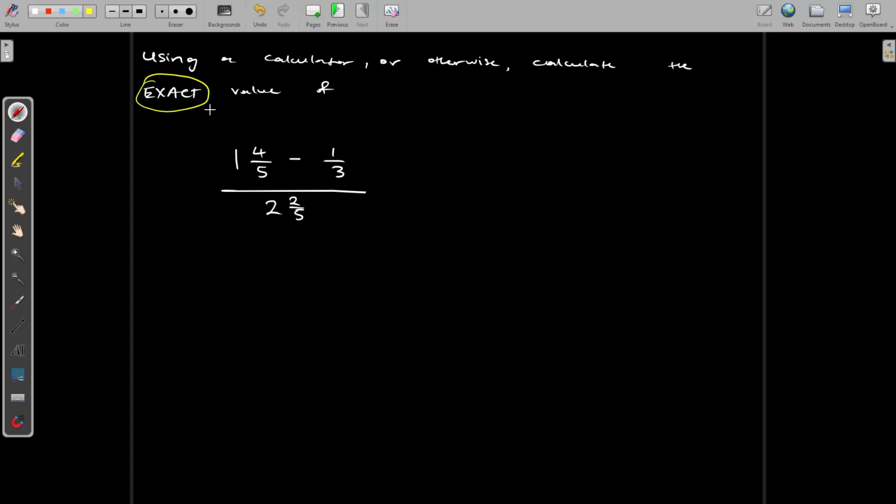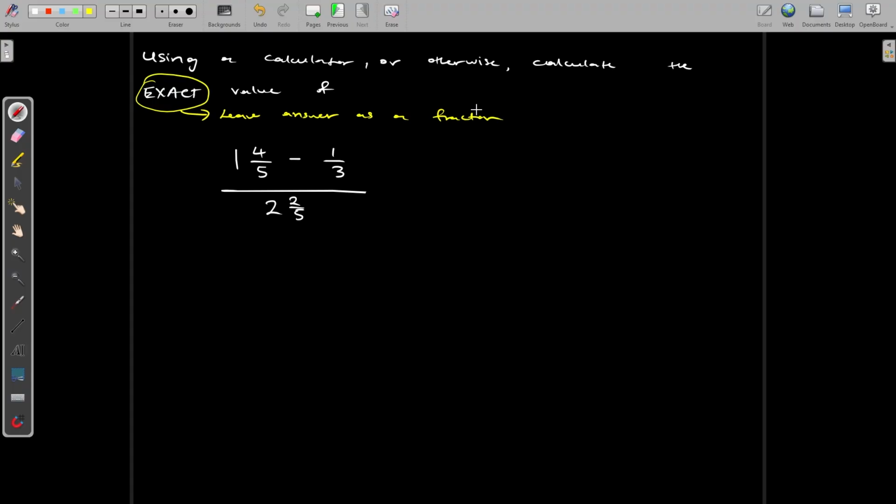Whenever we see exact value, especially in fractions questions, it means they want us to leave the answer as a fraction. So don't go ahead and convert the fractions to decimals. Leave the answer as a fraction.